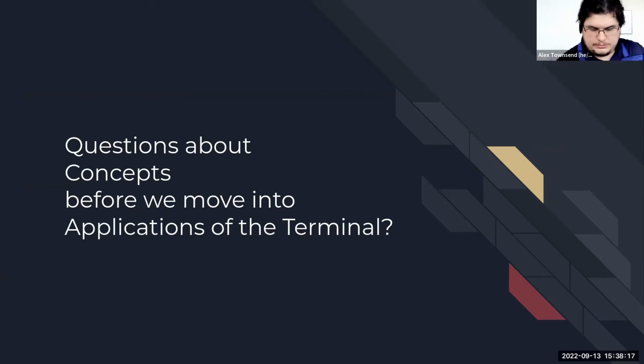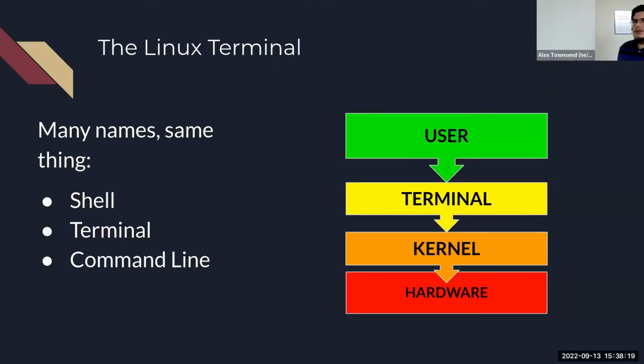So the next important thing we're going to talk about is the Linux terminal. The Linux terminal is basically the command line interface that I was talking about earlier. In general, when you're working with a command line version of the operating system, the general progression of interaction starts with you, the user, entering a command on the terminal.